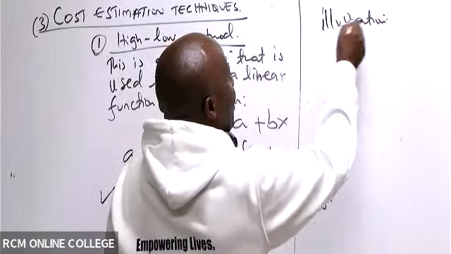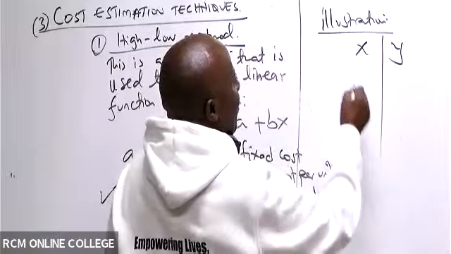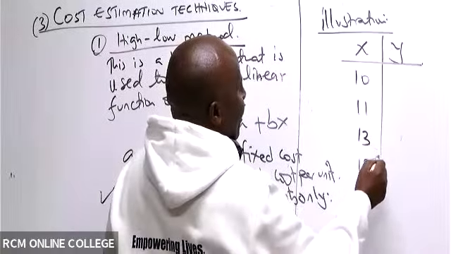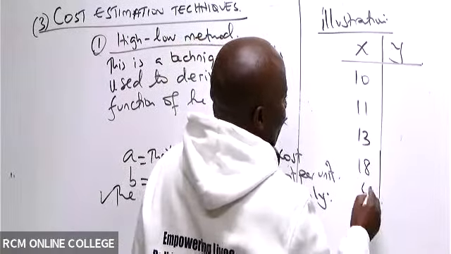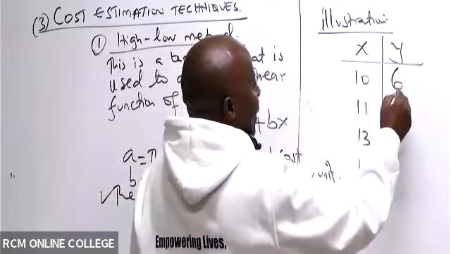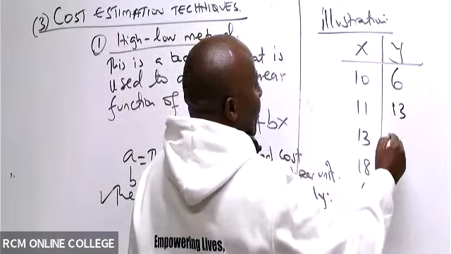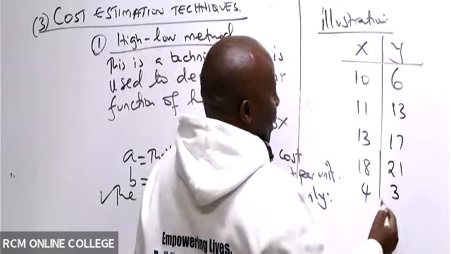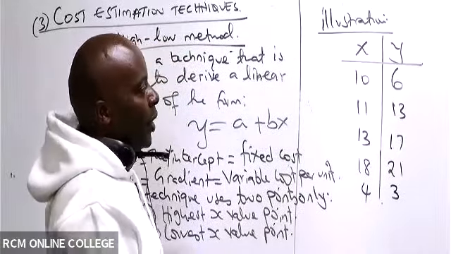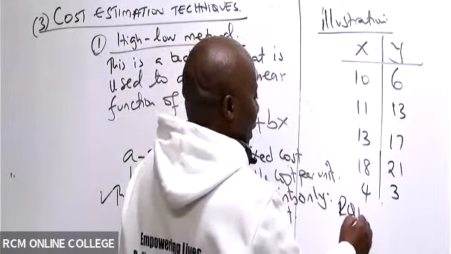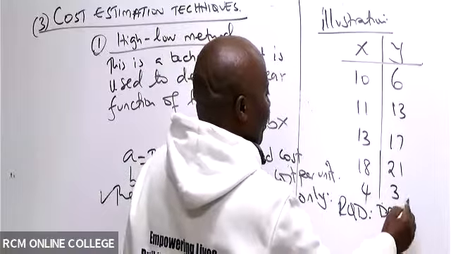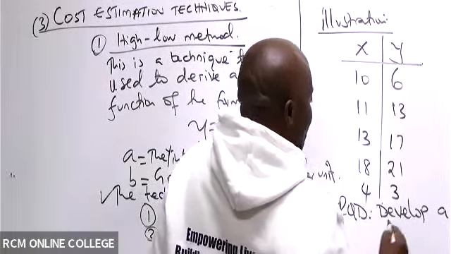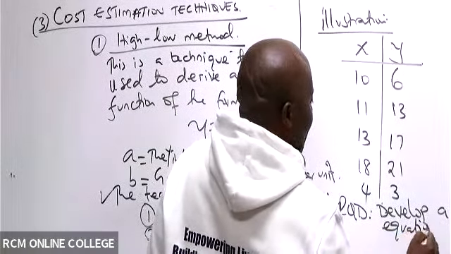So illustration: if, for example, you're given here X and Y. So they give you 10, 11, 13, 18, and maybe 4. And then here we have 6, 13, 17, 21, and maybe 3, like that. And then we are required to develop a high-low equation for cost estimation.